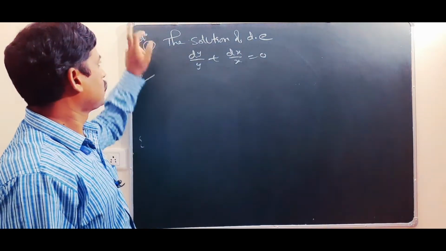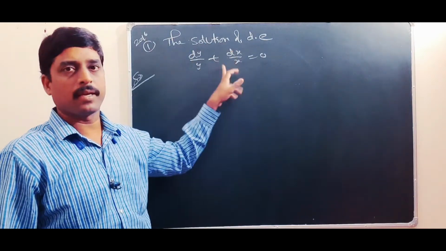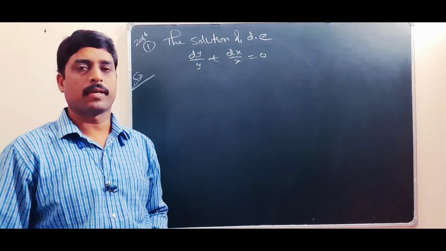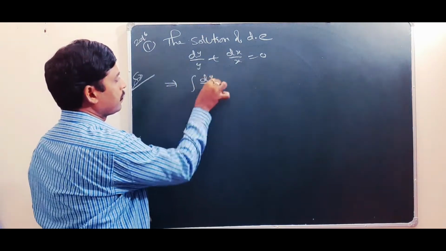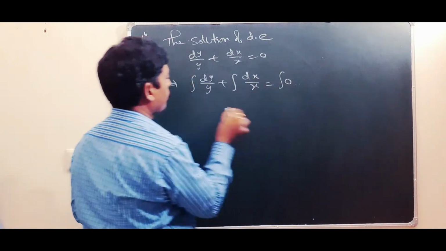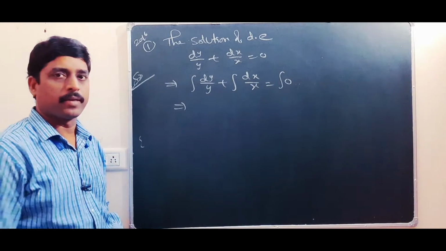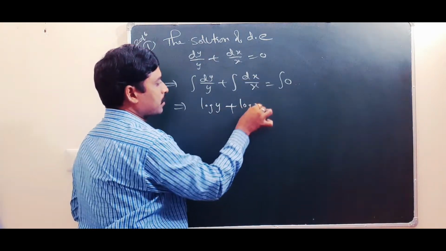Let us go to the next problem. This is from 2016. Find the solution of the differential equation dy/y plus dx/x equal to 0. Now taking integration on both sides, integral dy/y plus integral dx/x equal to integral 0. Integral dy/y is log y, and integral dx/x is log x.